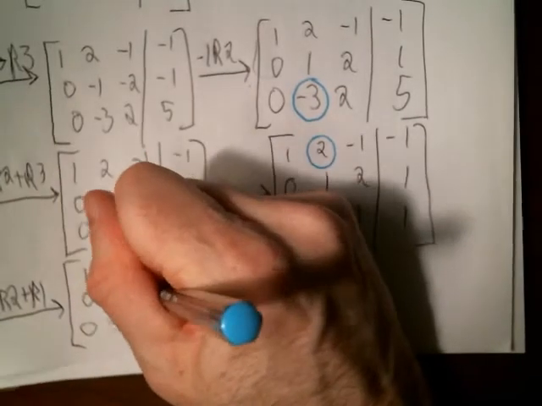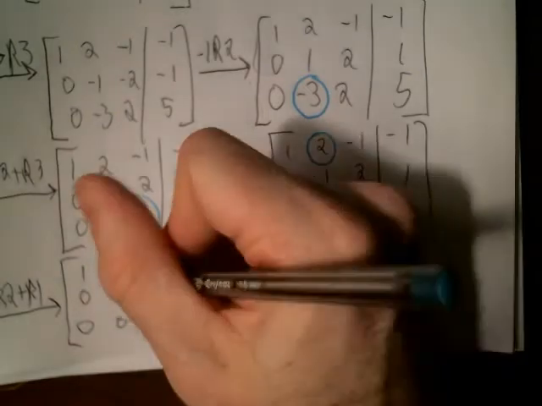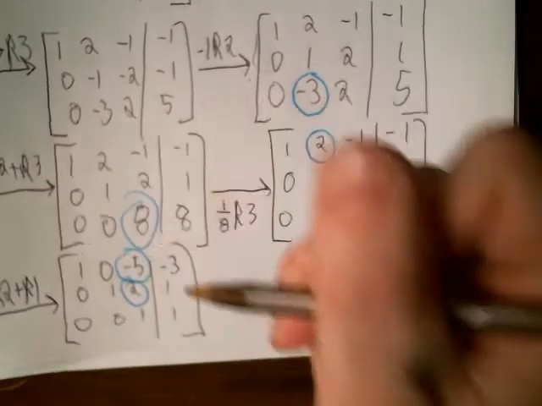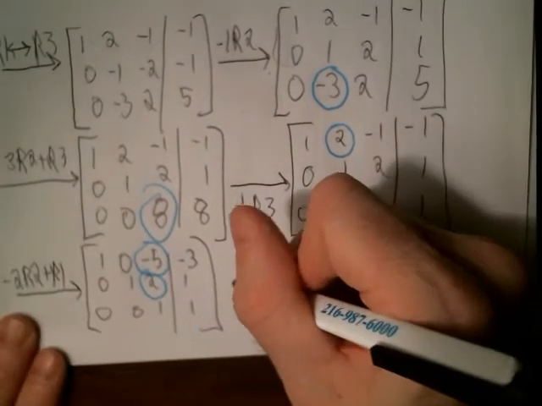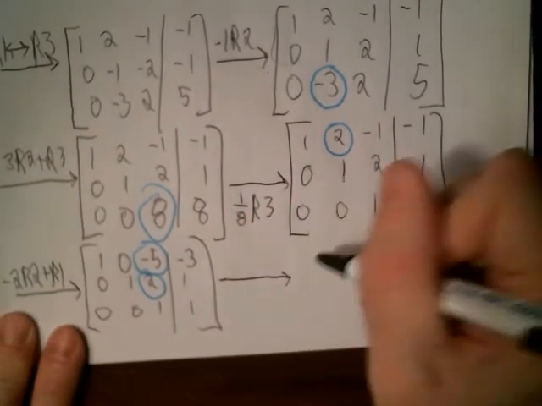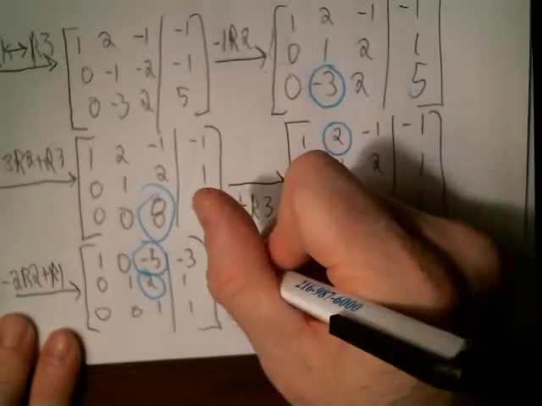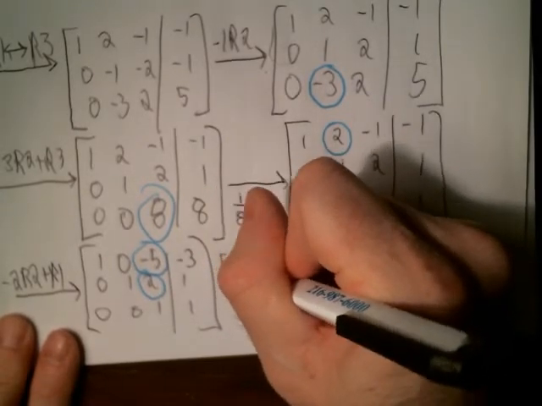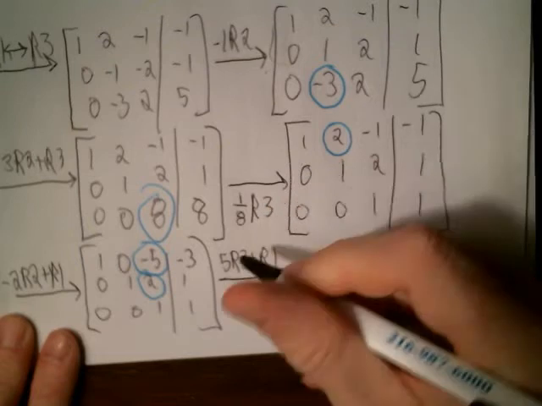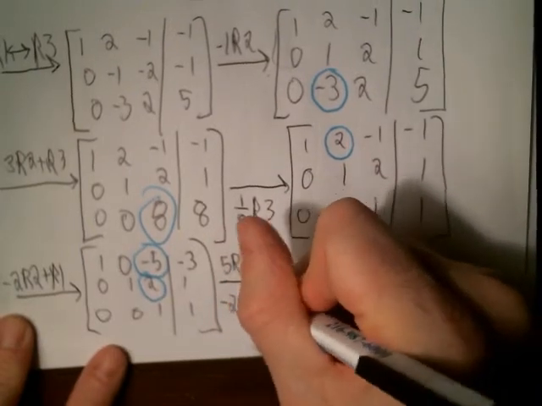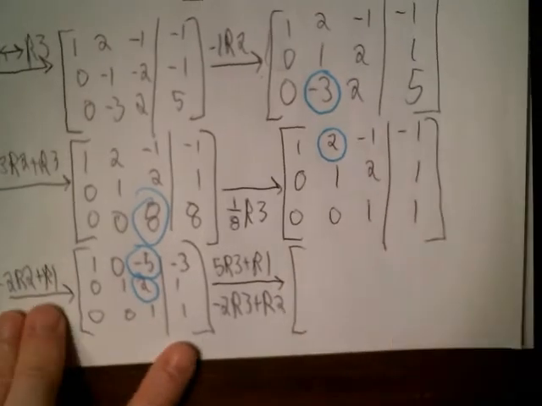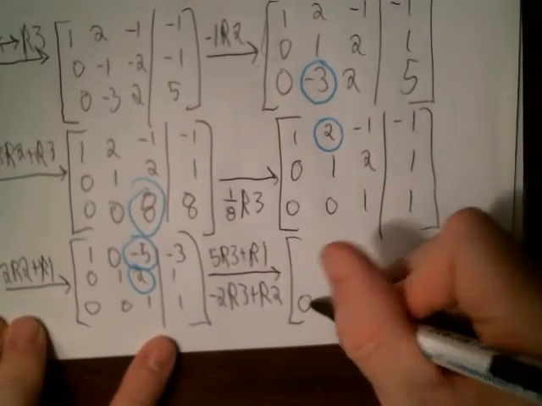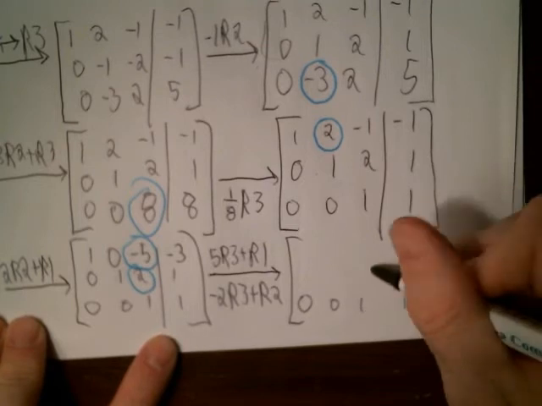Okay. Now I need to get a 0 in that position and a 0 in this position. And you could use the bottom row to accomplish that. So we'll do both at once. So I need 5 times row 3 plus row 1, and then I need -2 times row 3 plus row 2. Okay, so row 3 remains unchanged this time, 0, 0, 1, 1.